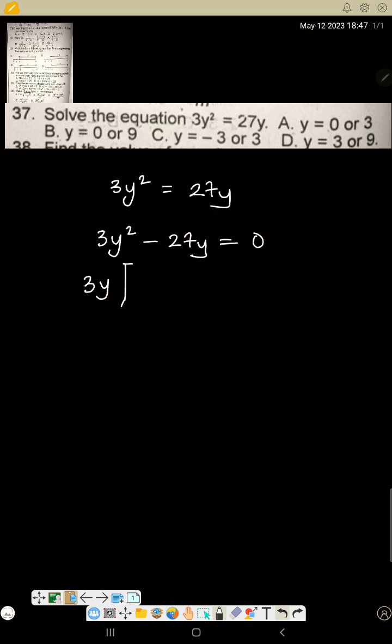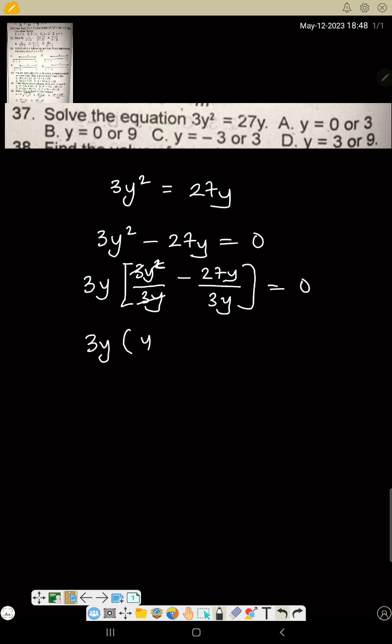Y is also common. And I told you, anything that is common, always divide by that thing. So 3y square minus 27y over 3y equals 0. So 3y will go here, it remains y. So we have 3y into y, and 3 here, 3 here, 9. So y cancels out. So it's equal to 0.